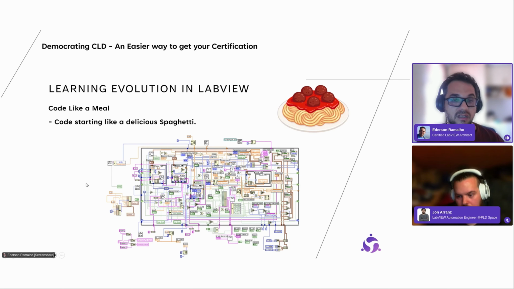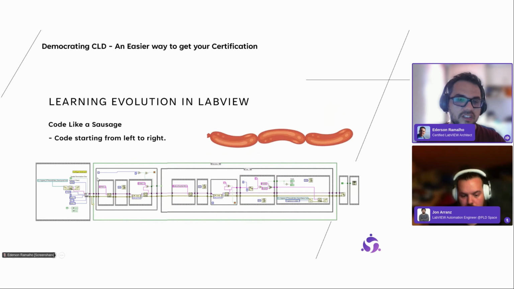We start doing very big structures with a lot of wires passing through the structure, through the functions, and then we start learning some good structures. We change our mule, and we start developing like a sausage.